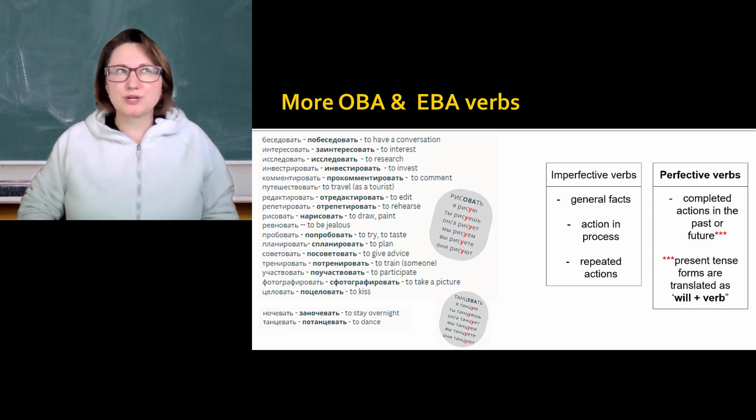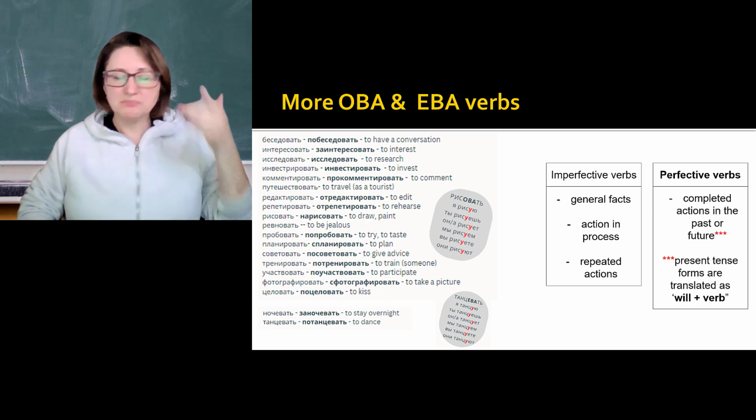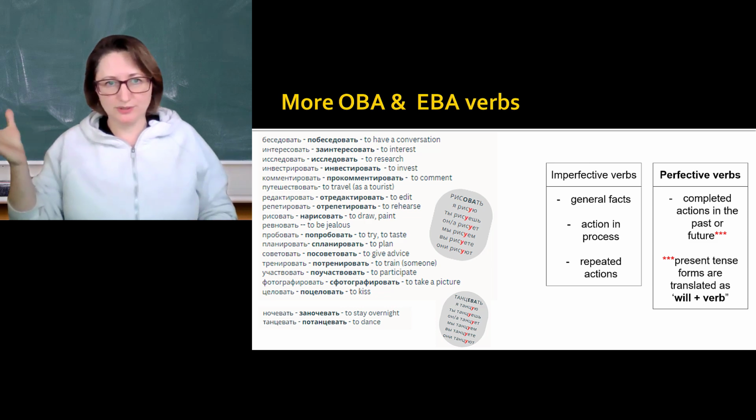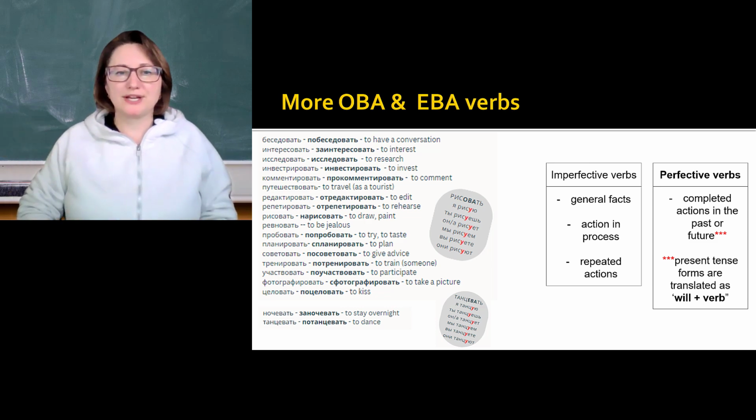But once you go into more advanced speaking, there are a lot of nuances that come from the context that will decide whether you should be using the perfective or imperfective aspect of the verb. But for now, it's easy. General fact, action in process, repeated action, imperfective. If your emphasis is on the completion of the action in the past or in the future, then it's going to be a perfective verb. Okay, let's practice.